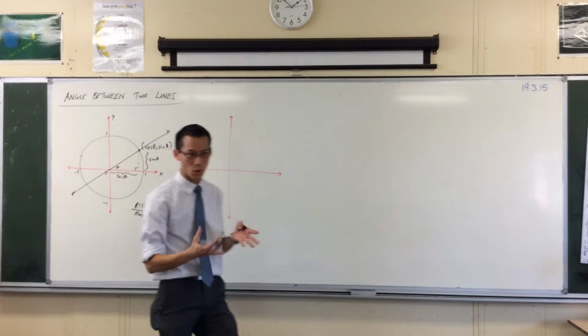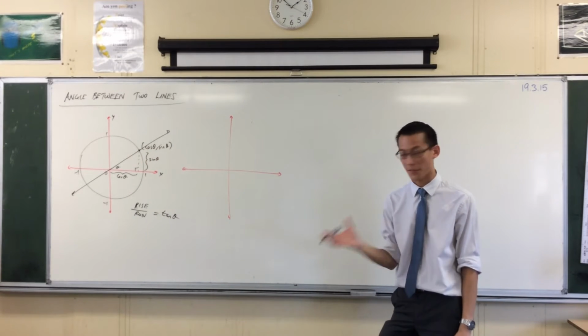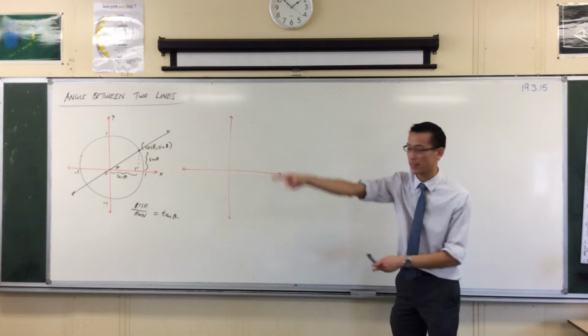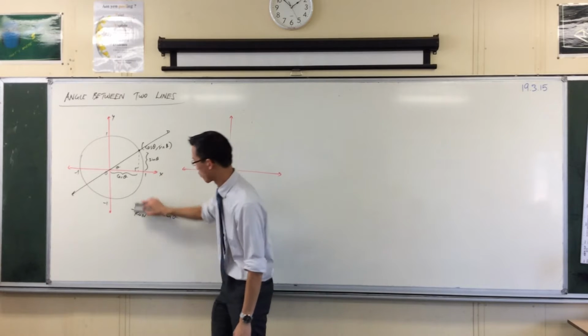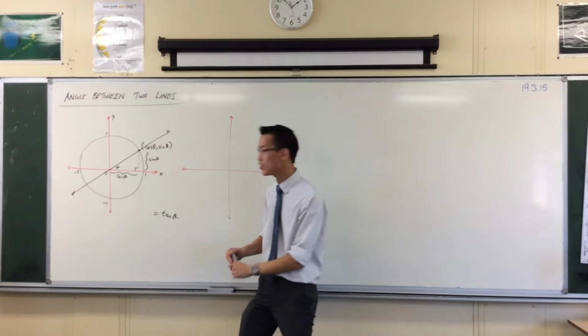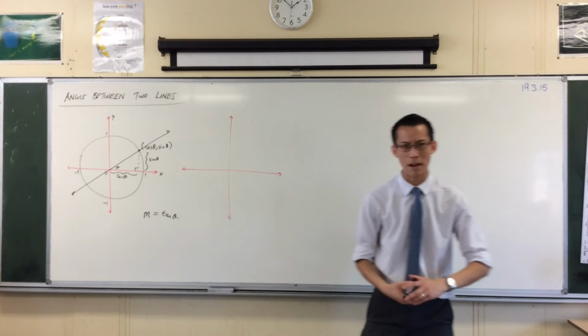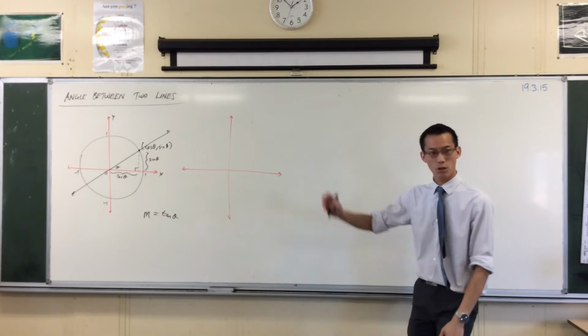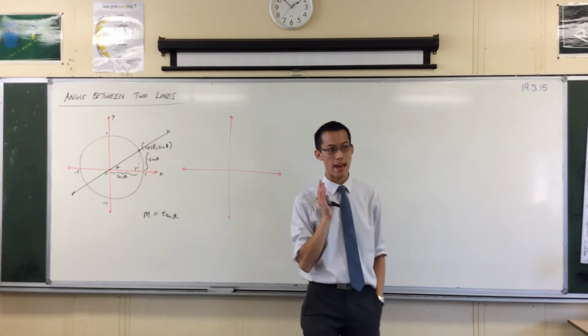But of course, rise over run is what we define as gradient, right? We define that as the gradient of that straight line that's passing through the origin. So in fact, I don't have to say rise over run, I can be a bit more efficient, and I can just say m equals tan theta. It's kind of cool, right? We've got this relationship with gradients, m, and the angles that they form with the x-axis.